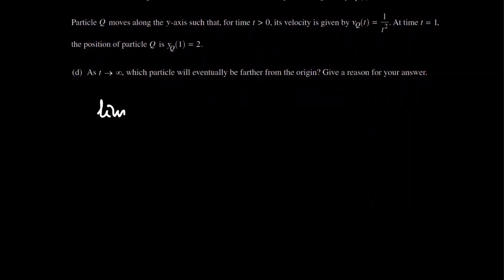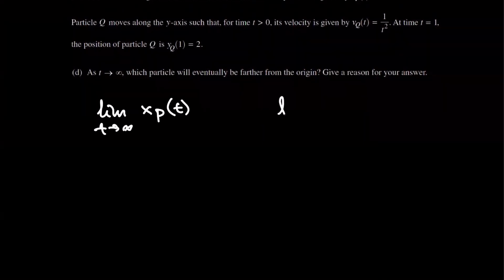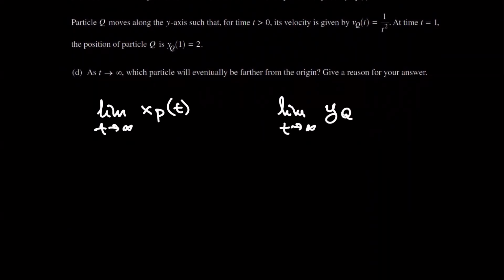So we need to find the limit as t goes to infinity of x of p of t and the limit as t goes to infinity of y of q of t, and compare those to see which one is greater.